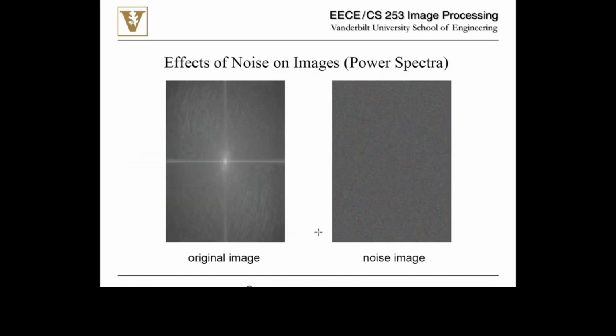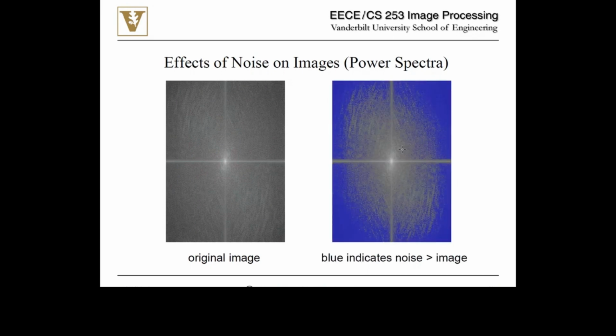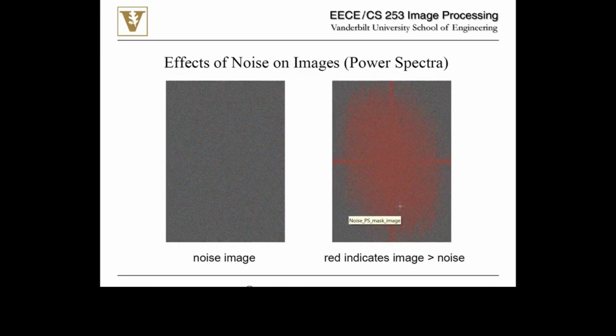Here we have the same idea, but now in 2 dimensions. These are the two power spectra. This is the original image, this is the one of noise. This is X, this is N, and this is the addition of X plus N. Here we have painted in blue those points for which we have more noise than signal, so the signal-to-noise ratio is smaller than 1, and in red where it is larger than 1.